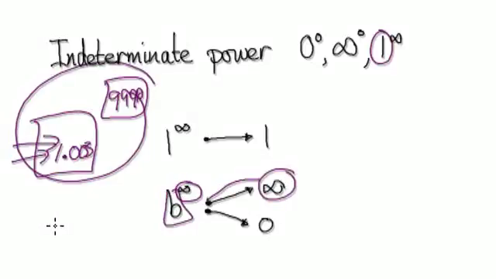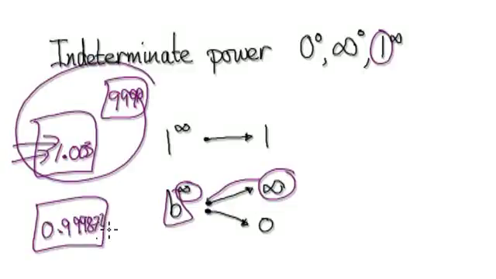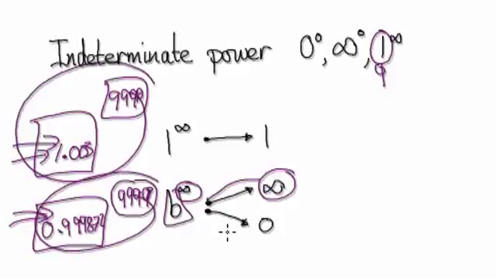But then if b is slightly less than 1, let's say 0.99987, whatever, you can see that this block here is heading towards 1. And then this thing here to the power of a very, very big number, you can see that this whole thing will head towards 0.